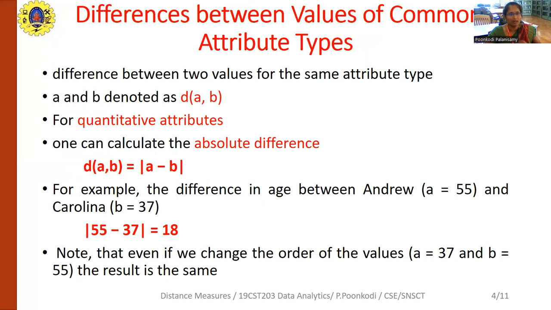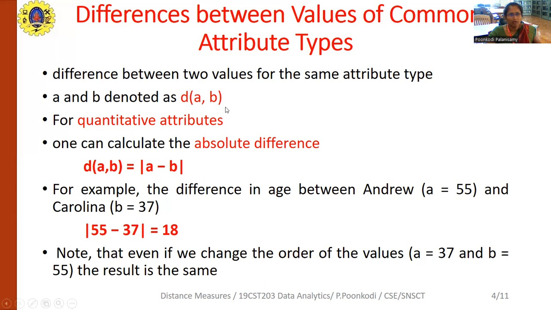If it is qualitative, how could it be calculated? The only condition is that the values should be of the same attribute type. First we consider quantitative, and for that we consider two objects, represented as A and B. We are going to find the difference, denoted D of A comma B.